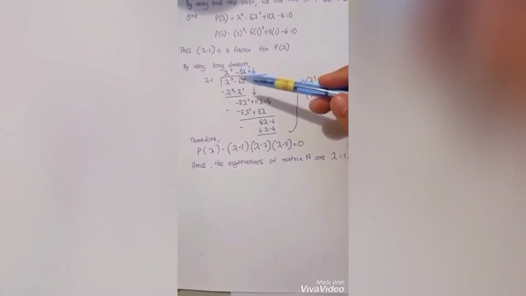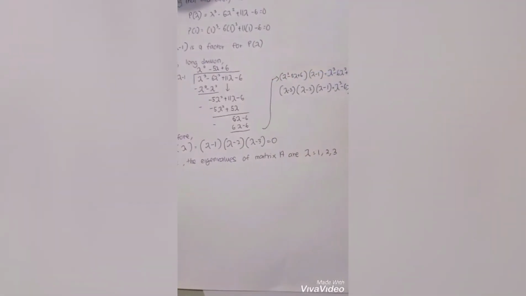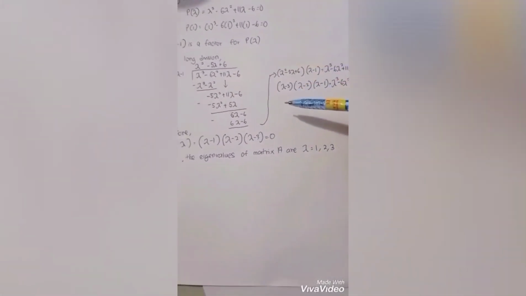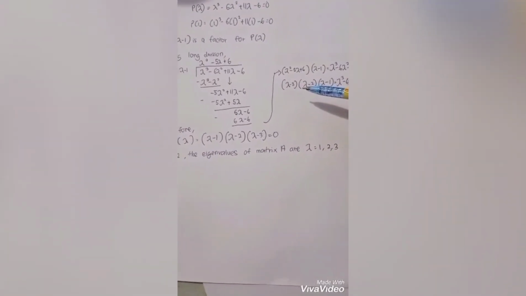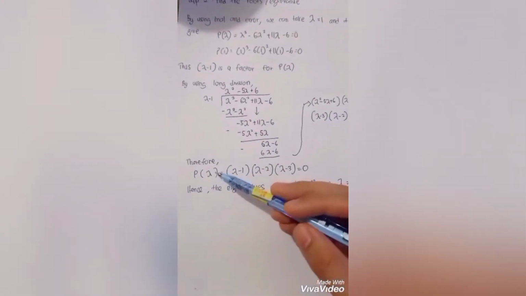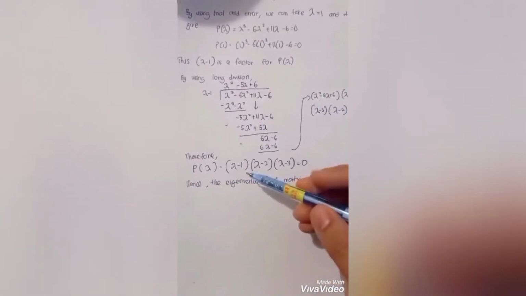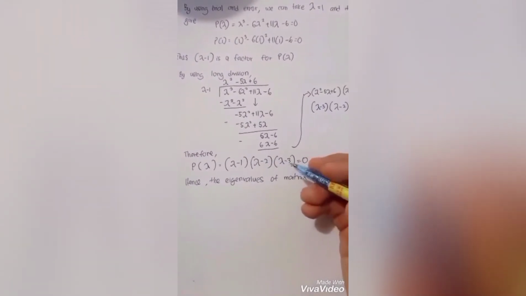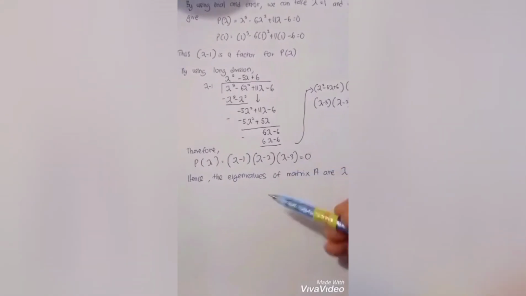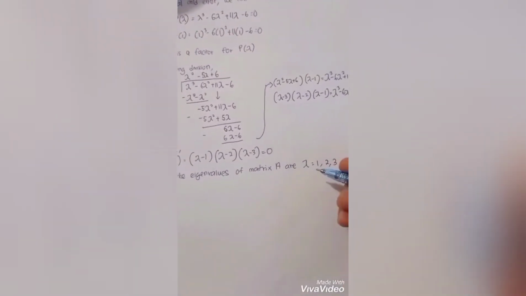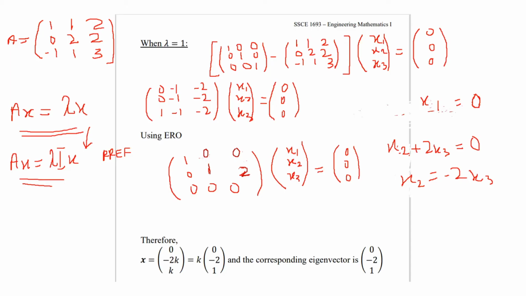By using long division, we will get the other factors. Therefore, P(lambda) equals lambda minus 1 times lambda minus 2 times lambda minus 3 equals 0. Hence, the eigenvalues of matrix A are lambda equals 1, 2, and 3.